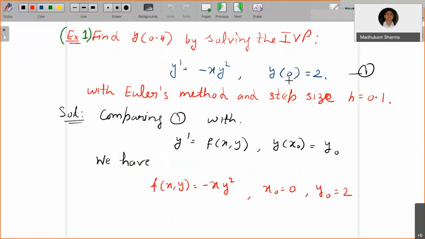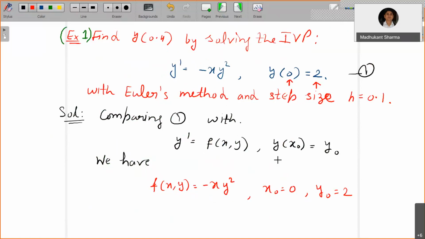The interval starts at 0 and ends at 0.4. You can compare with the standard initial value problem and extract f, x0 and y0 from the given one. f(x, y) is the right-hand side after writing it in the simplified form y' =, so in this particular problem f is nothing but minus x y squared.